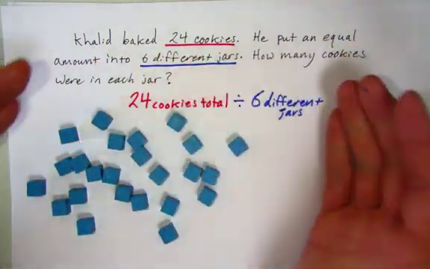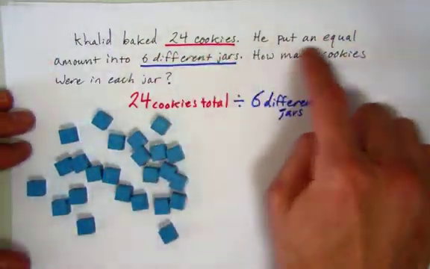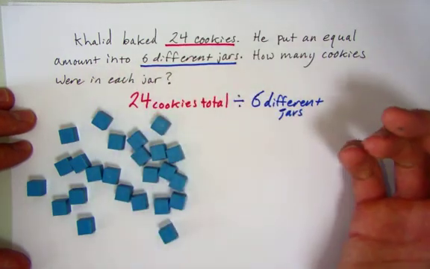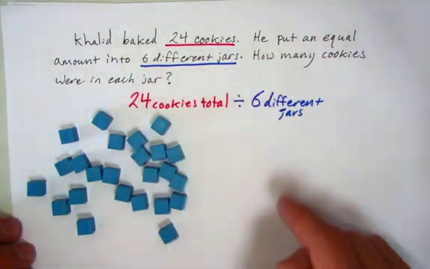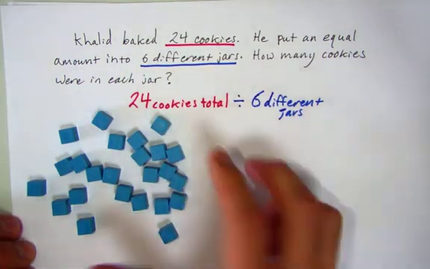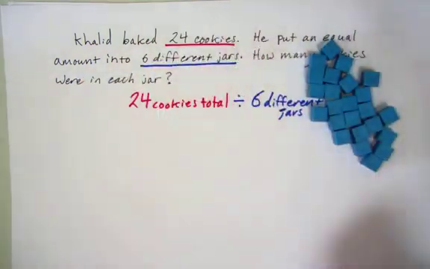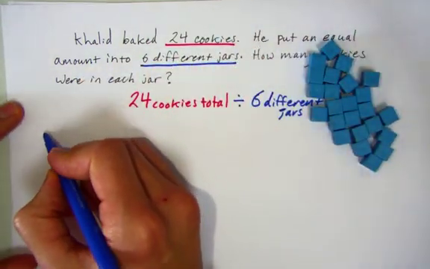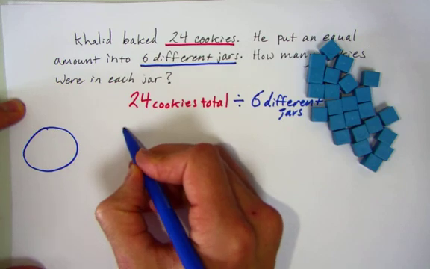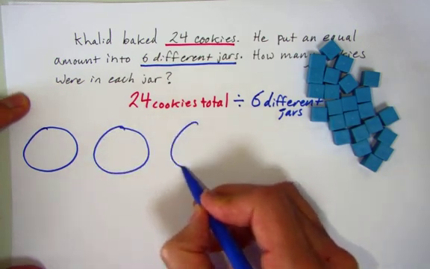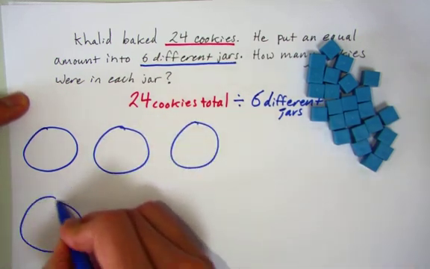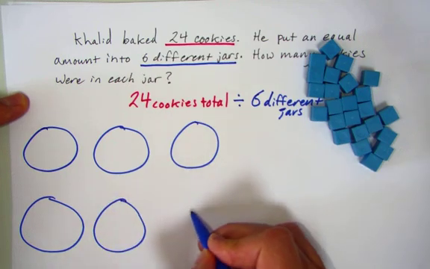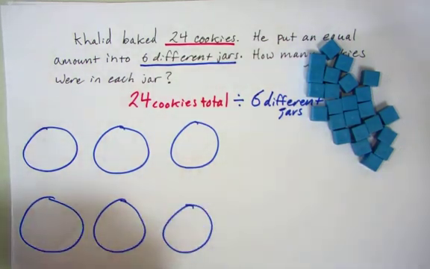Khaled baked 24 cookies. There's Khaled's cookies. He put an equal amount into 6 different jars. Well, let me make my 6 different jars. Go ahead and draw 6 different jars right here. So here's 1, here's 2, here's 3, there's 4, there's 5, and there's 6 different jars.